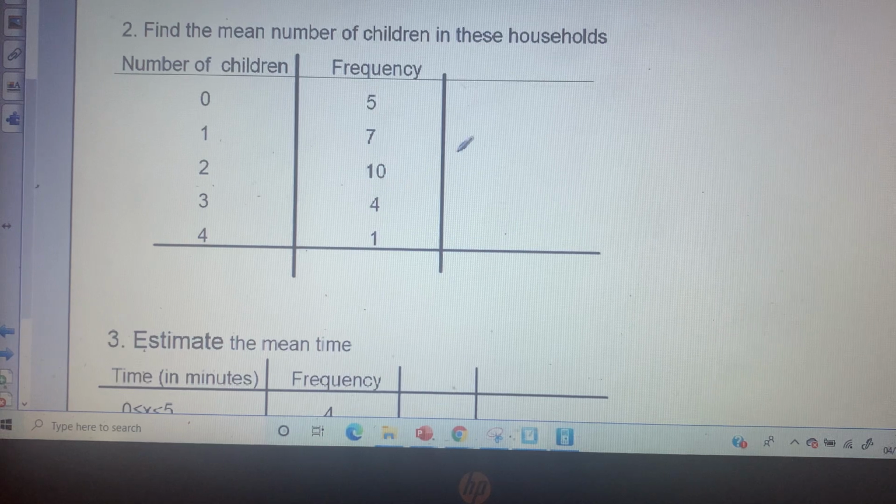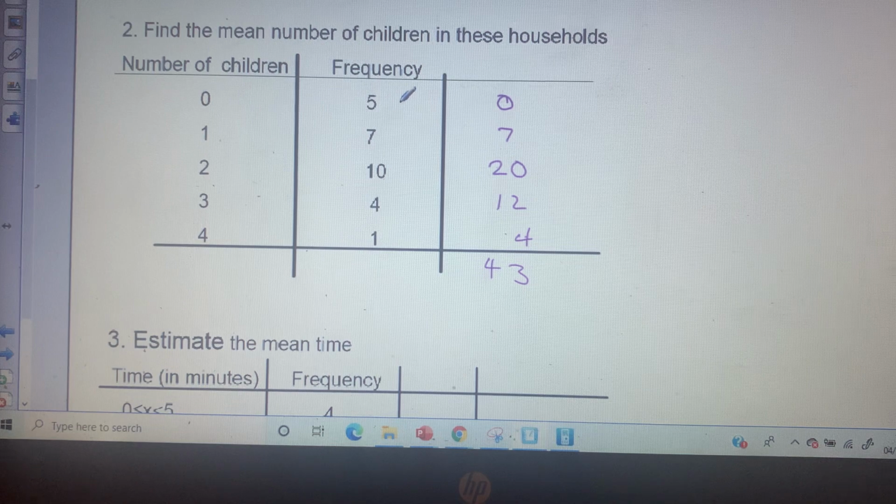And the way that we would find our mean here is we would multiply, wouldn't we? We would say 5 lots of 0, 7 lots of 1, 10 lots of 2, 4 lots of 3, and 1 lot of 4, and we would add them together. So we've got 27, 39, 43, I think, is that right? 27, add 16.